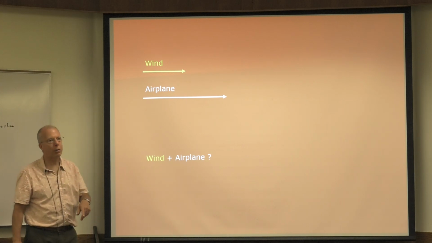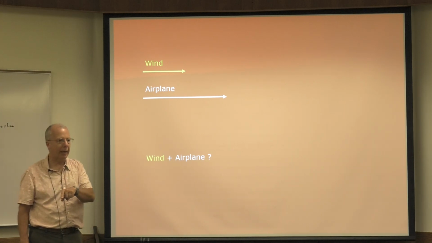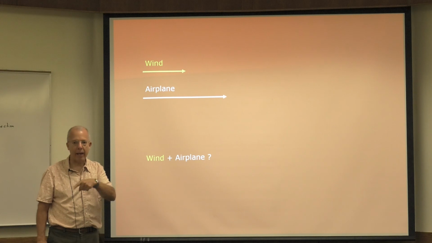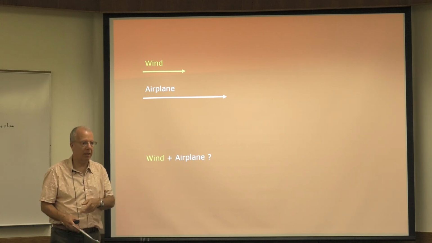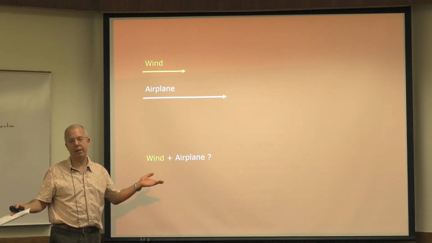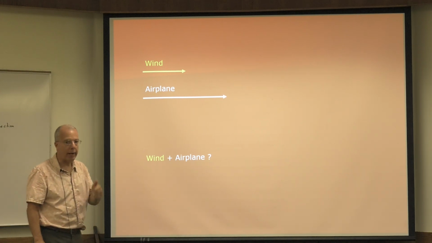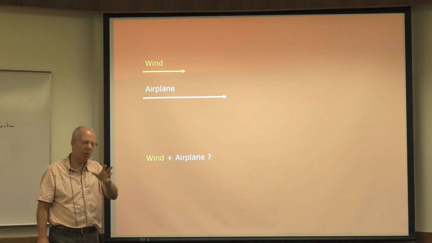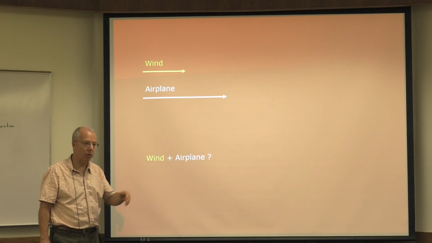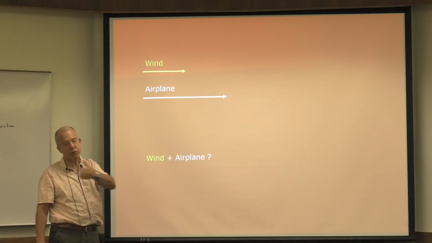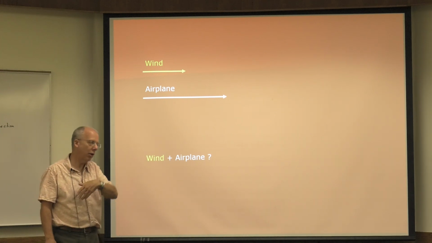So if you've flown from the U.S. mainland to Hawaii and then back again, now it's the same distance, but you notice it takes a different time. Why is that? Because of the wind, right? One way the wind is with you most of the time, and the other way the wind is against you most of the time. So when the wind is with the airplane, it goes faster. When it's against, it's slower.